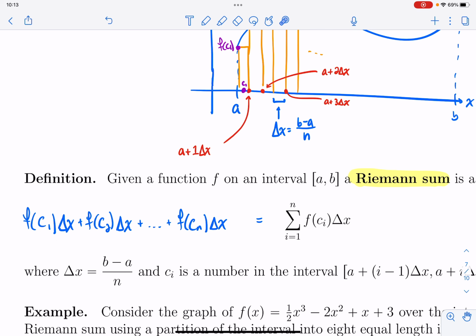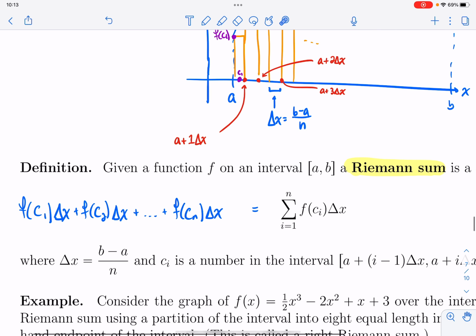So what we're going to do is take each of these delta x's and factor it out as a GCF. Then we're left with the sum of f of c1, f of c2, f of cn, which we're going to put into nice sigma notation, where again, delta x is exactly b minus a over n, and ci is the number inside of whatever interval we're working with.